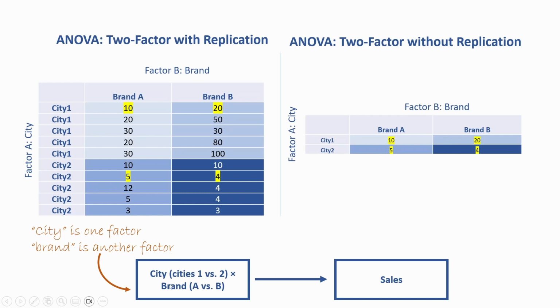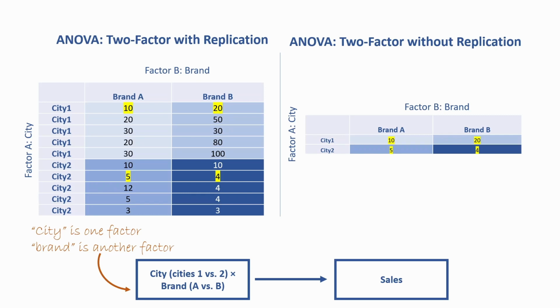Region and brands are the two independent variables, or two factors, and the dependent variable is the sales. So for both with and without, the model is the same. Or the models are the same. I'm not sure about the plural or singular. So anyway, let's shift to Excel.